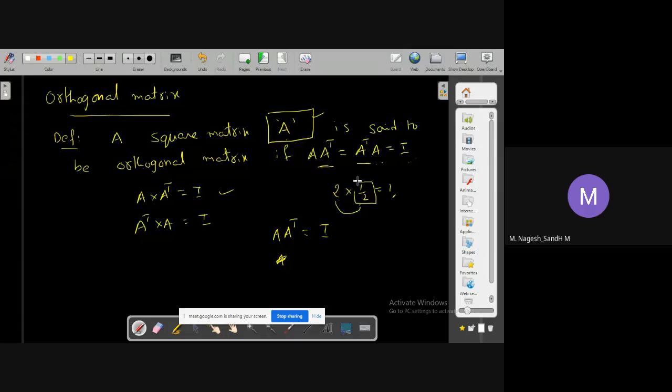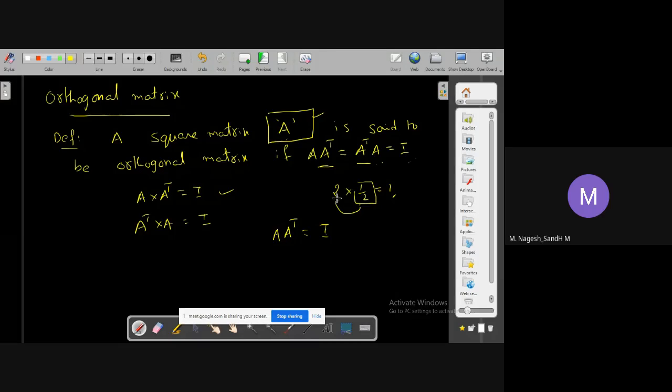So A into A transpose equal to identity, therefore A is the inverse of A transpose, or A transpose is the inverse of A. You can say it in any manner.